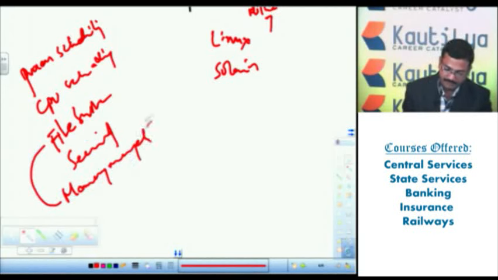These are the main features of operating systems.